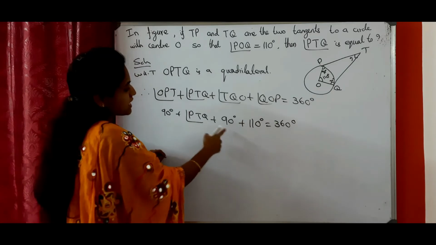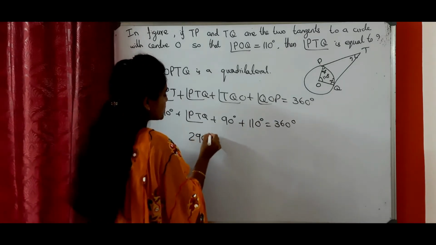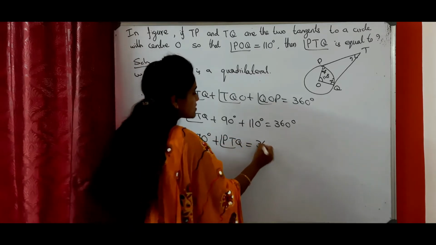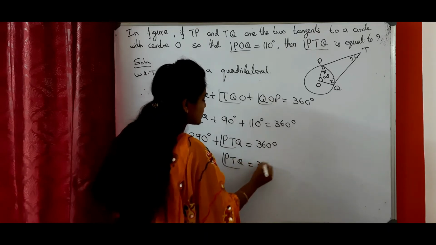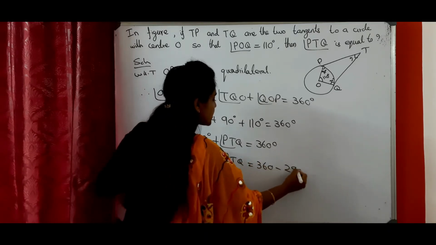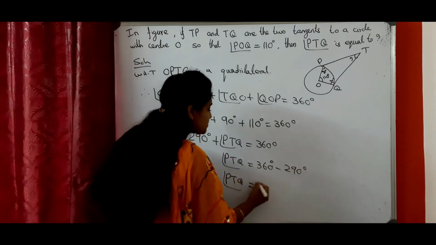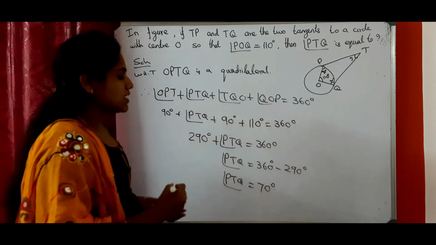So 90 plus 90 is 180, 180 plus 110 is 290. So 290 degrees plus PTQ equals 360 degrees. So angle PTQ equals 360 minus 290 degrees. So PTQ equals 70 degrees.